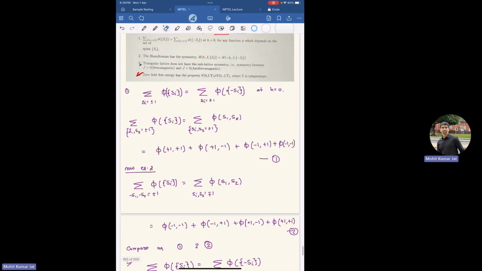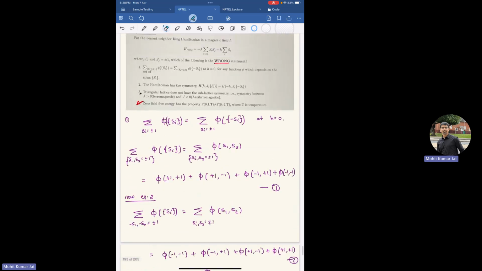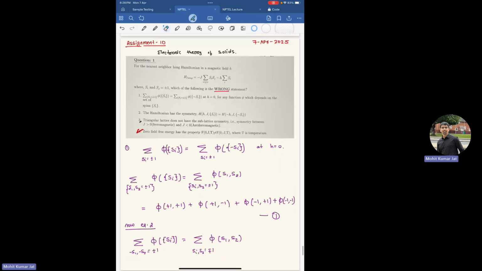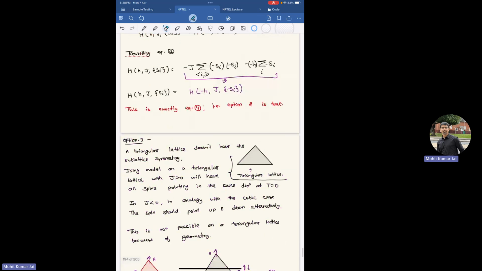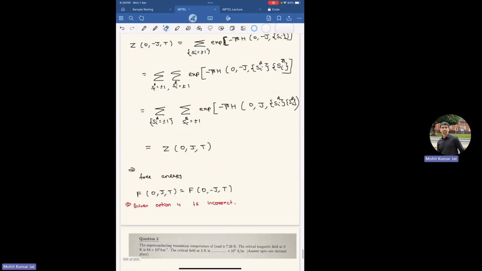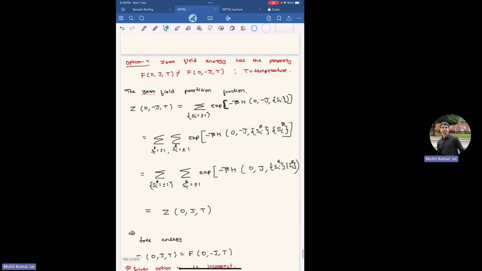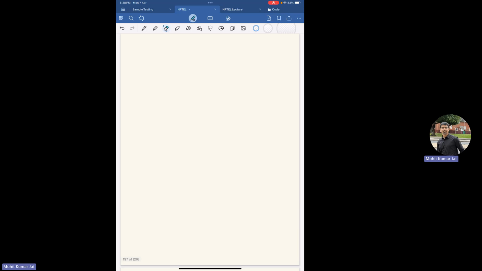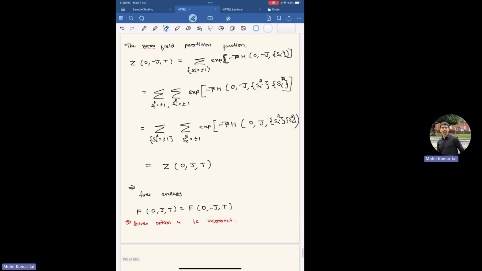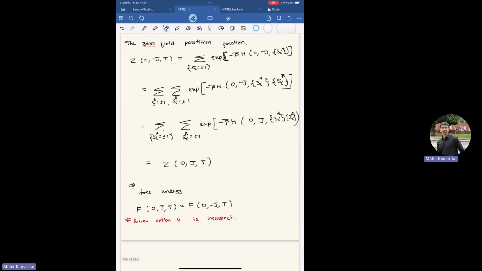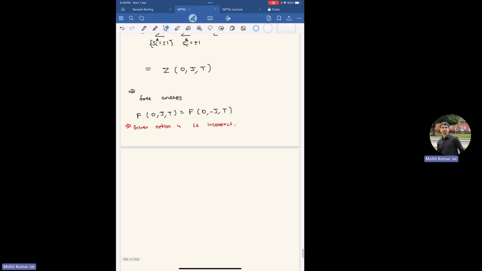So if that's not the case, then you can also think of it in another way: j becoming negative can be thought of as flipping the spin, the total spin.